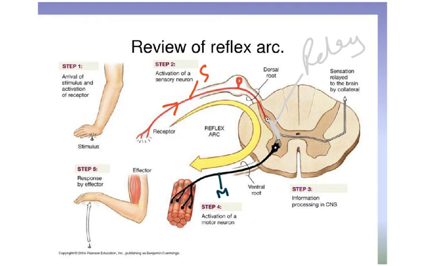So number one, we talk of the arrival of the stimulus and activation of the receptor. Number two, activation of the sensory neuron. Then step three is information processing in the CNS. Then step four, activation of the motor neuron. And then step five is the response by the effector.